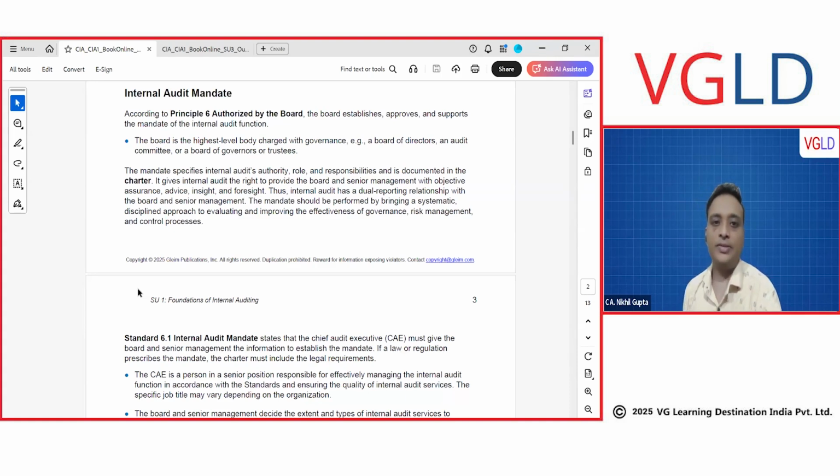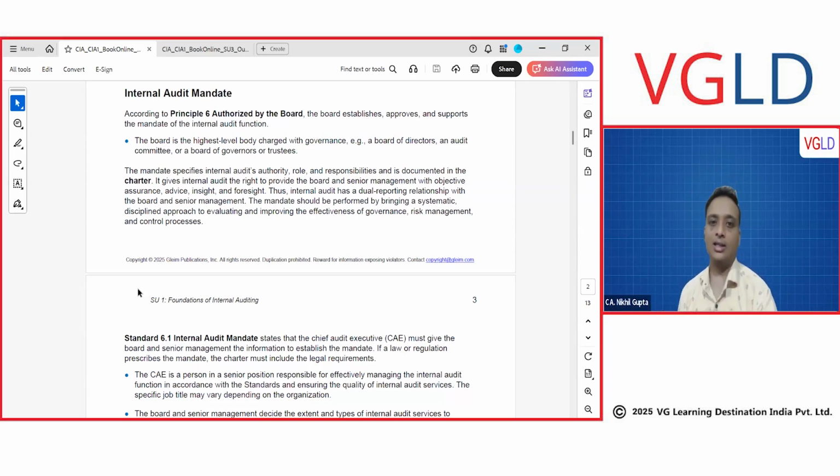The mandate specifies our scope. What is our scope? And it is defined by the board. Because the internal auditor works directly and closely with the board of the company and the TCWGs. We are not like external auditors. We are a part of the board itself.